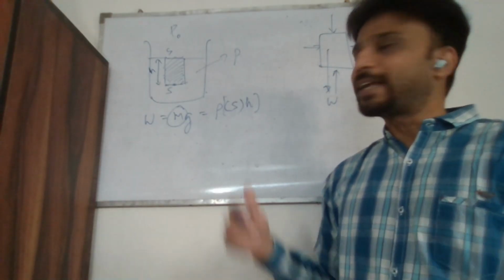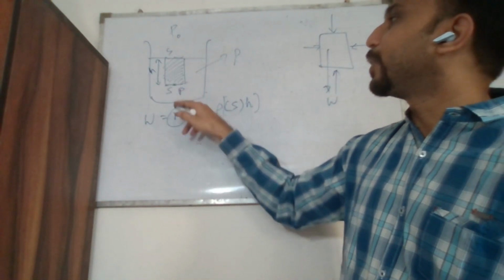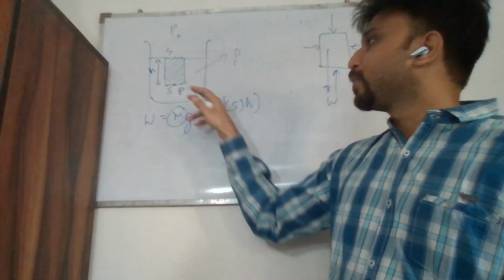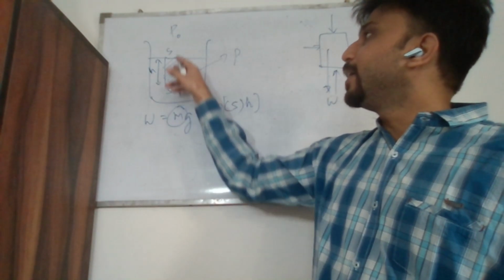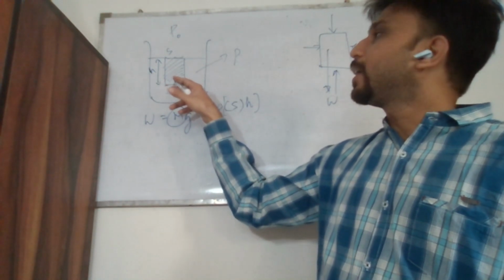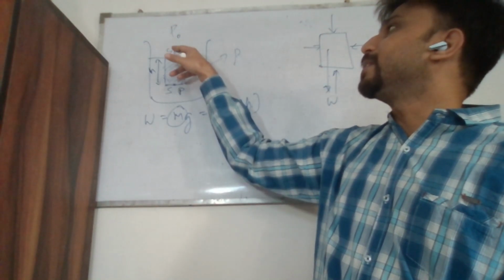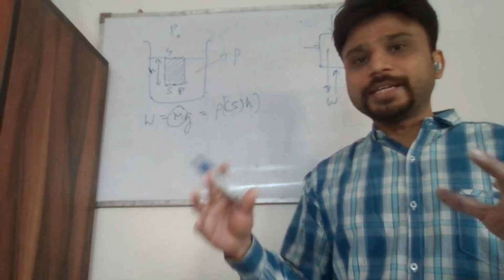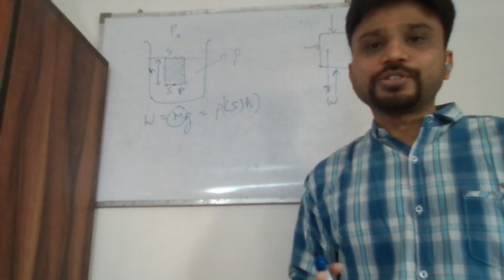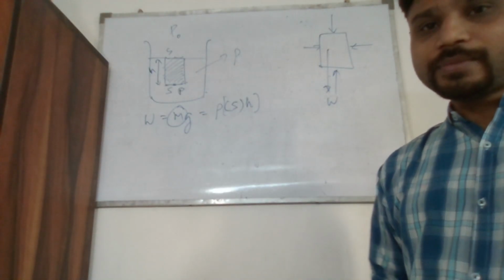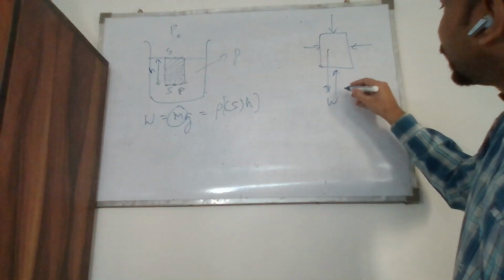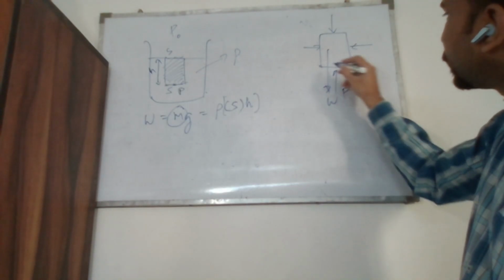Basically, we are calculating some kind of pressure at this point P, which is going to balance the weight of this whole fluid and the pressure exerted by the atmosphere. Both of the things, that is the pressure and this weight, are going to be balanced by this pressure P. So this pressure P is the one which is basically acting on the bottom surface.